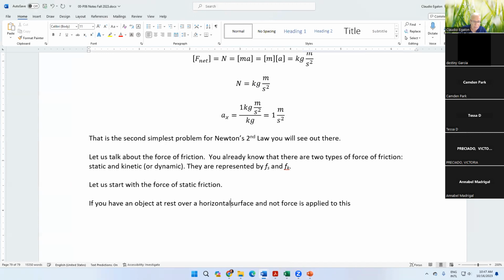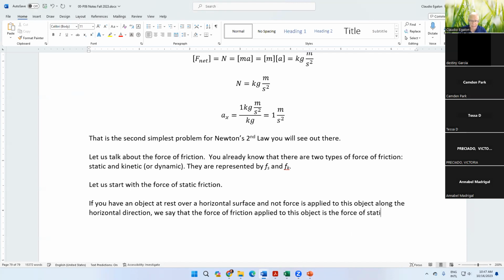I have to specify that horizontal first, and no force is applied to this object along the horizontal direction, we say that the force of friction applied to this object is the force of static friction.